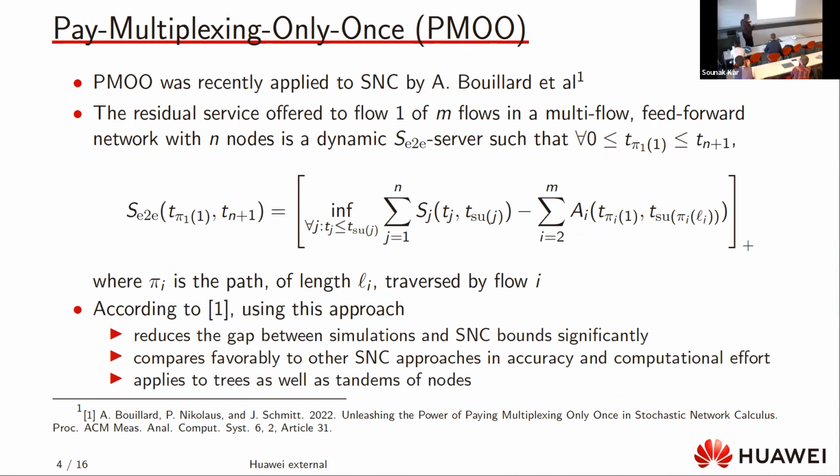Visually, you can compute this very simply, and I'll show you an example later on how to compute it. Then you optimize over the whole set of these ordered time variables.